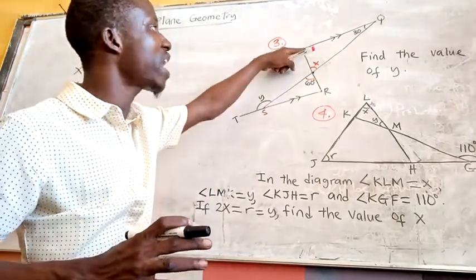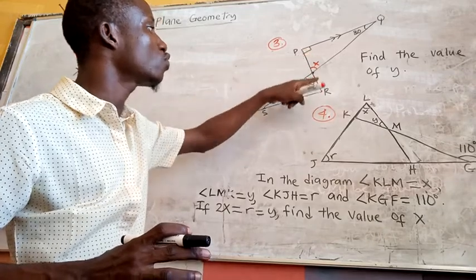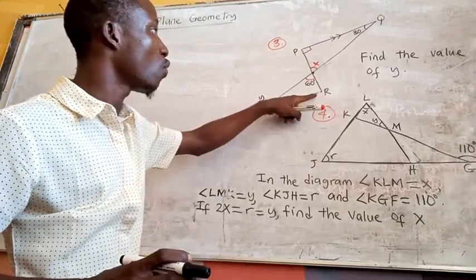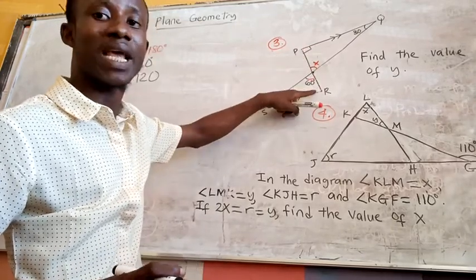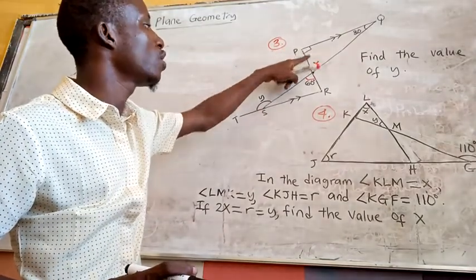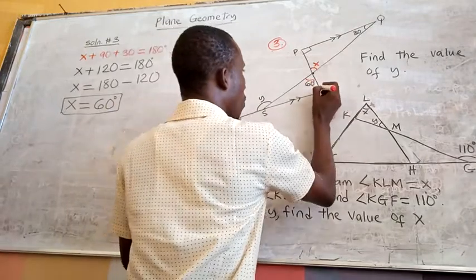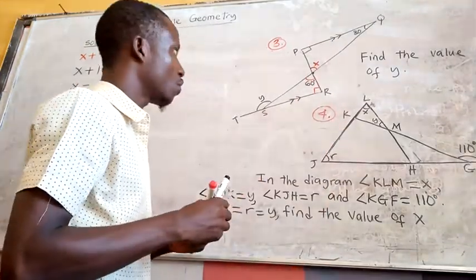Since this angle here is 90 degrees, it is an alternate interior angle to the angle at point R. So the angle at point P is equal to the angle at point R. So here, since P is 90 degrees, R will be the same as 90 degrees. Why? Because alternate interior angles are equal.